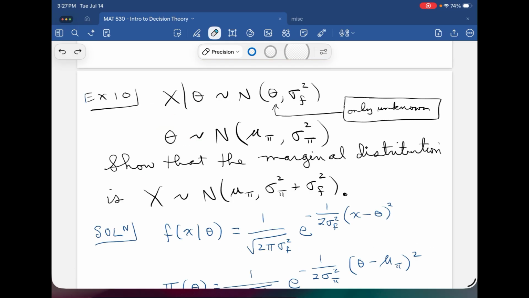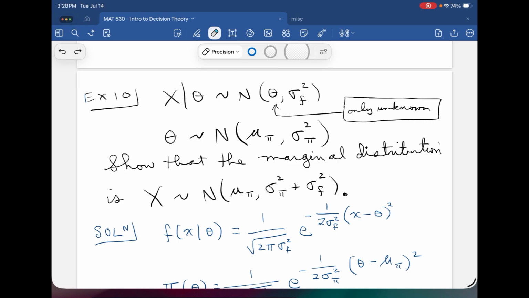This is example 10 in the notes, but this is actually in our textbook in this section. So we're going to assume that x given theta is a normal distribution with mean theta and variance sigma sub f squared. Now here theta is the only unknown.